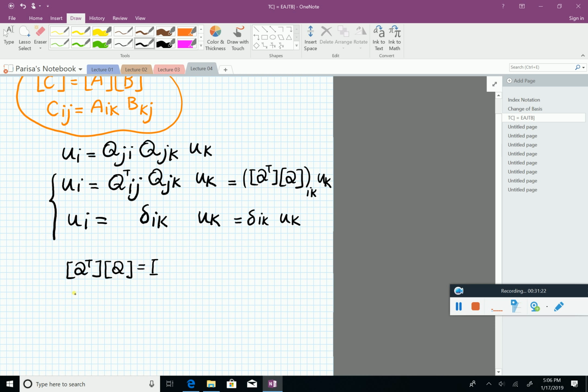And you can show similarly that this also holds. So what does that tell you? It tells you that this matrix, the inverse is equal to the transpose, right?